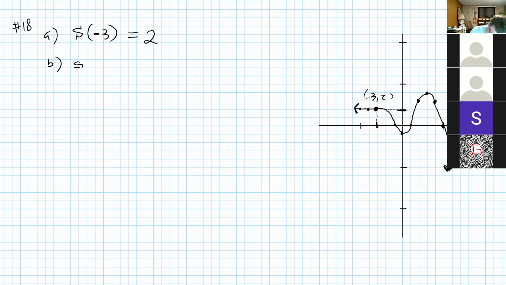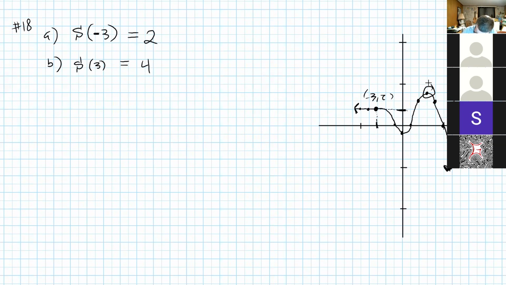Part B, S of 3 equals what? It's 1, 2, 3, 4. There you go.